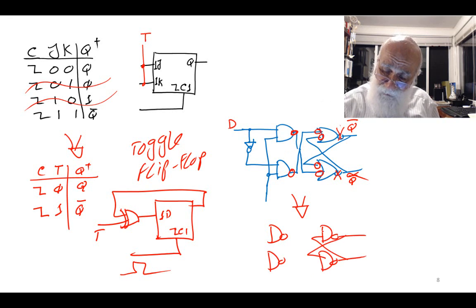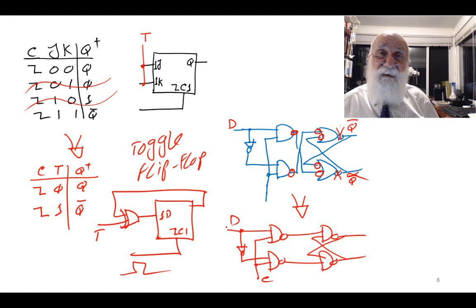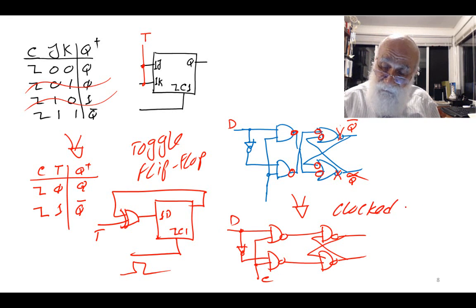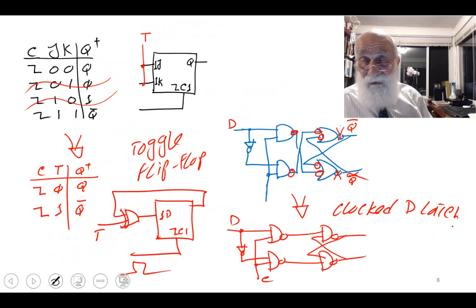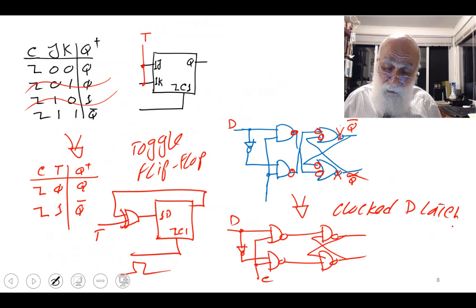Okay, and therefore this circuit is exactly a clocked latch, a cross-coupled NOR functionality with AND gates, and then you can go back and change all of these structures to all NANDs.